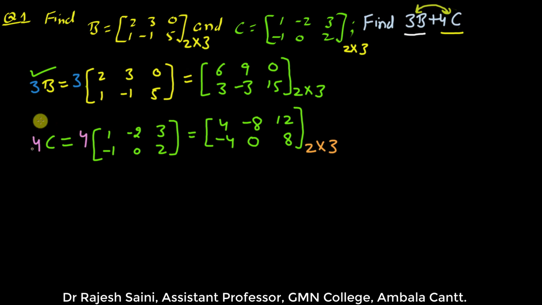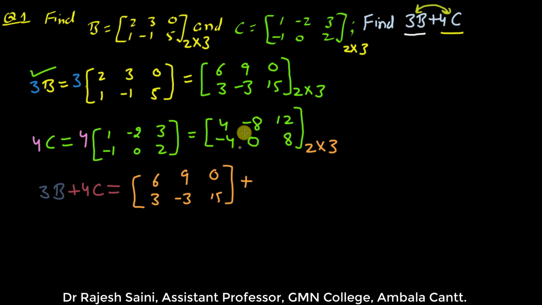So now we will add up these two. I'm going to add 3B plus 4C, and we'll see what we get. Write these matrices. First 3B, this matrix: 6, 9, 0, 3, minus 3, 15.